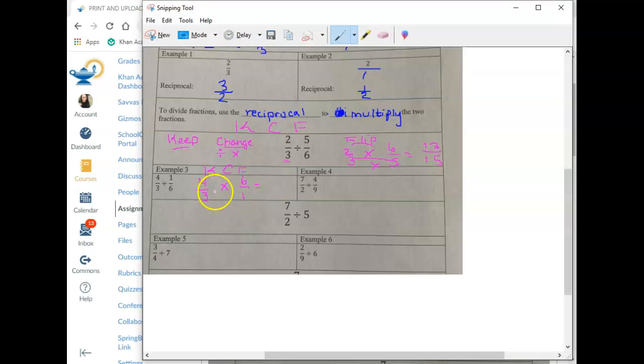And then I do the same thing that I did before. I'm just going to multiply across top and bottom. 4 times 6 is? 4 times 6, guys. 24. Yeah, keep careful. 24. You're thinking 4 times 4, right? 24 over 3.